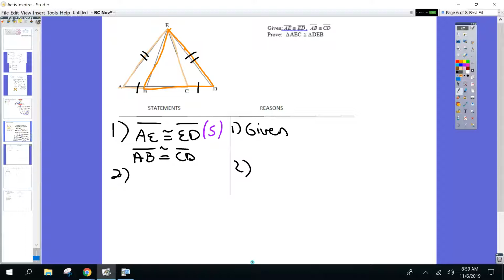Okay, looks like we're going to end up doing a little addition here, but before I can add, I only have AB and CD equal. I still need another pair of equal quantities, which comes from BC congruent to itself.